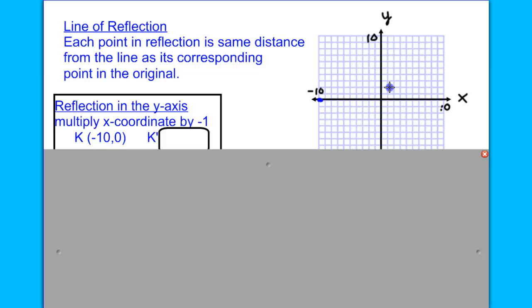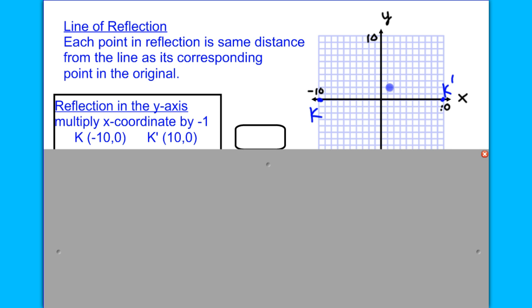And what do we get? Stuart. You get 10. Good, so K prime, or the reflected point, is at 10, 0. So we walk 10 in the positive direction, and the y value didn't change at all. There's the reflected image of the original.